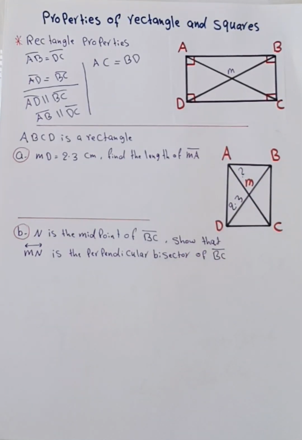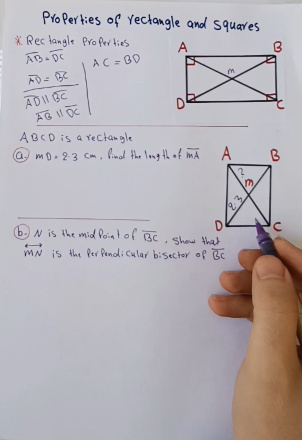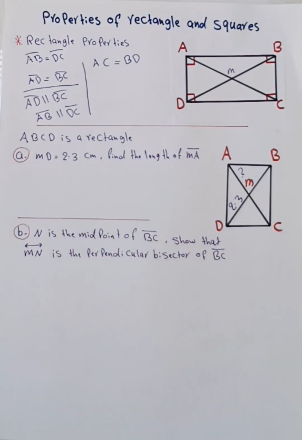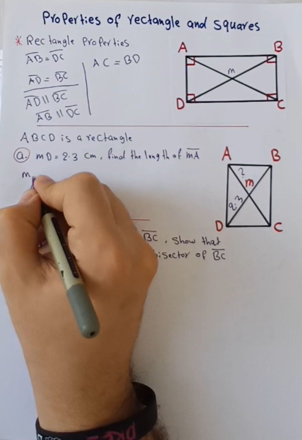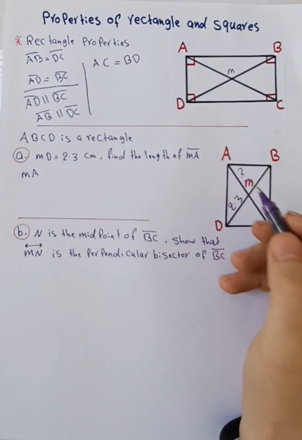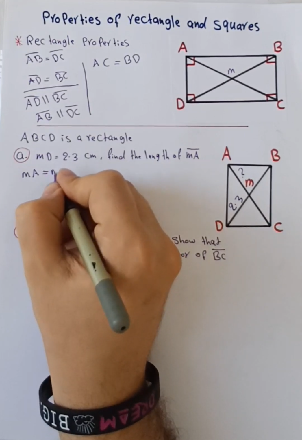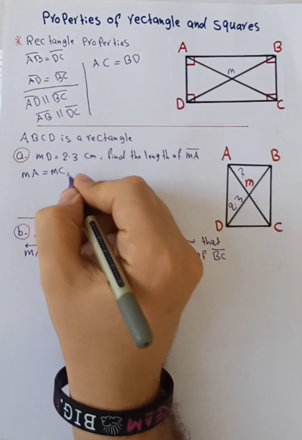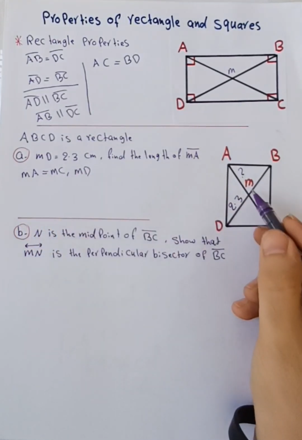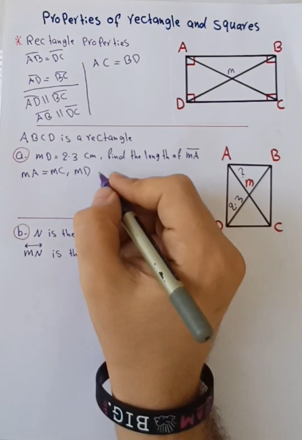So we can say this shape is a rectangle, so the diagonals are congruent and the diagonals bisect each other. It means MA equals MC and MD equals MB.